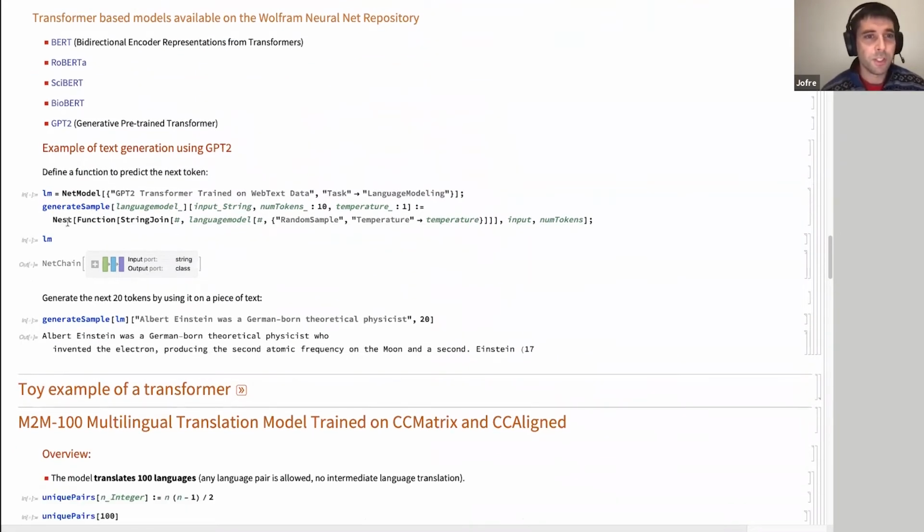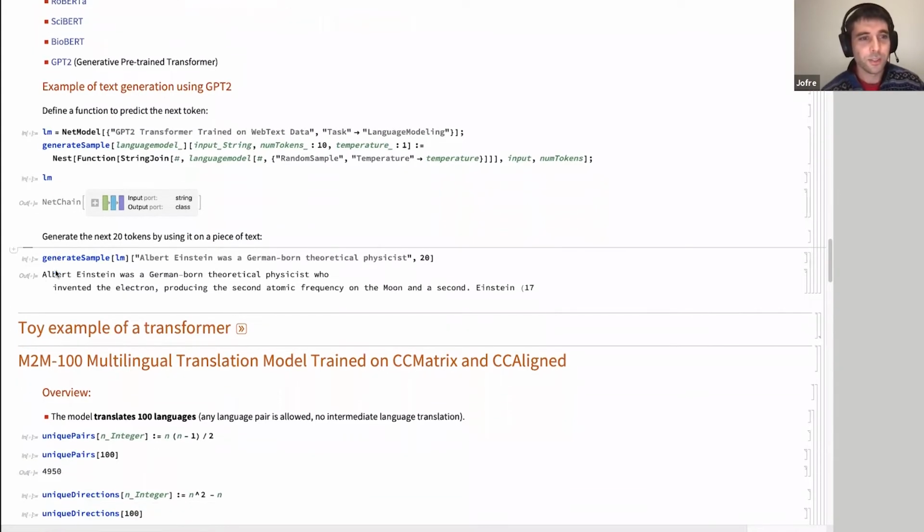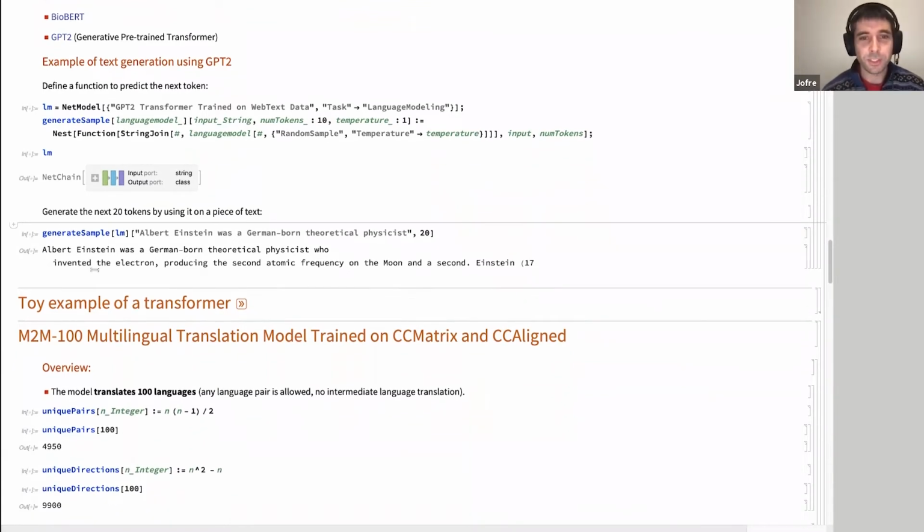And for example, GPT-2 can be used to generate random text that kind of makes sense, even if it's inventing what it's saying. So this is the output: Albert Einstein was a German-born theoretical physicist who invented the electron, which is not true, but in some context, it seems plausible.